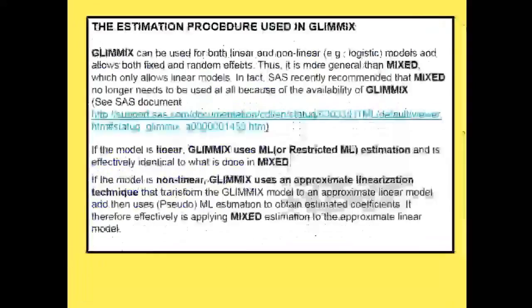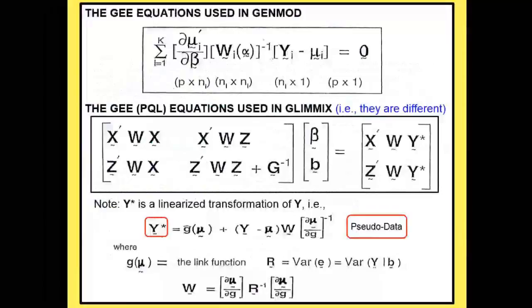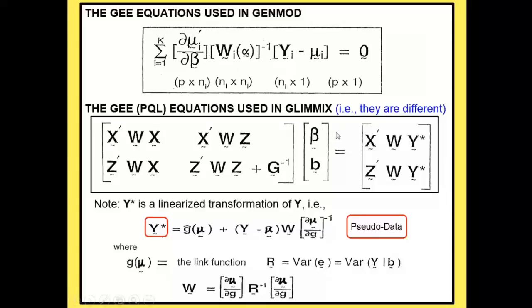You may remember my showing you this horrible slide. On the top part of the slide is the formula for the quasi-likelihood or GEE equations used with GenMod, and underneath it is the formula used for the GEE equations that the computer uses to solve for GLIMMIX.